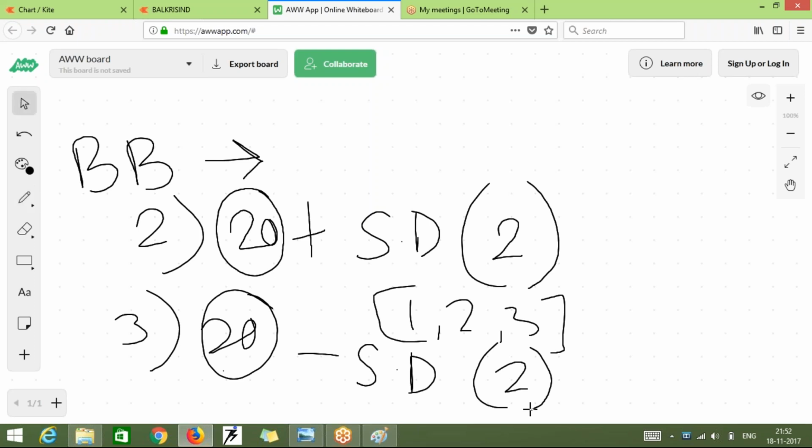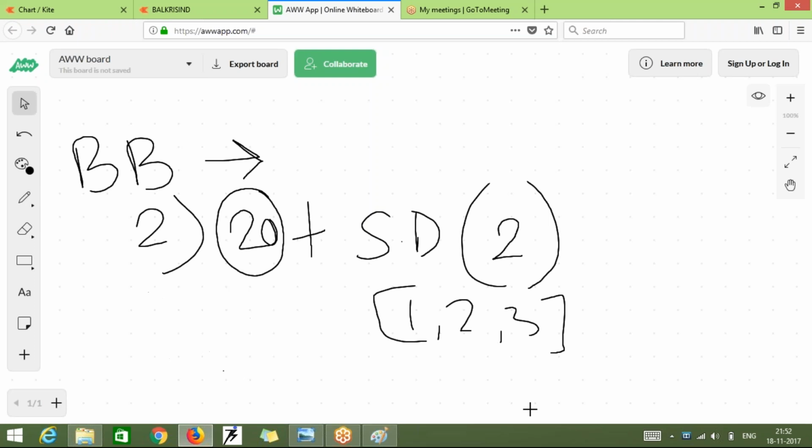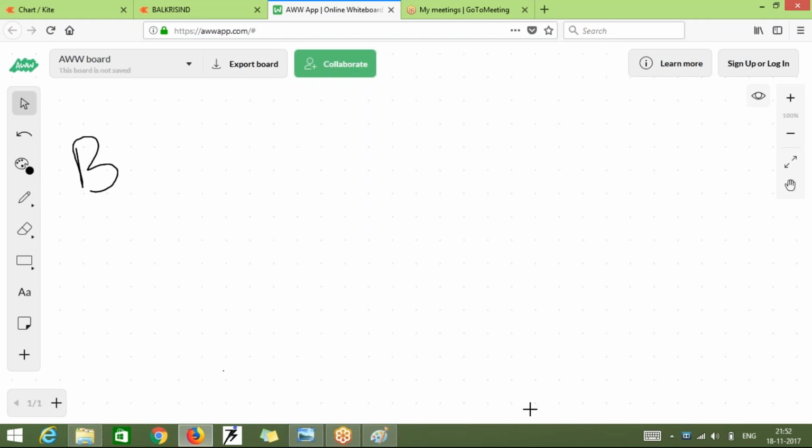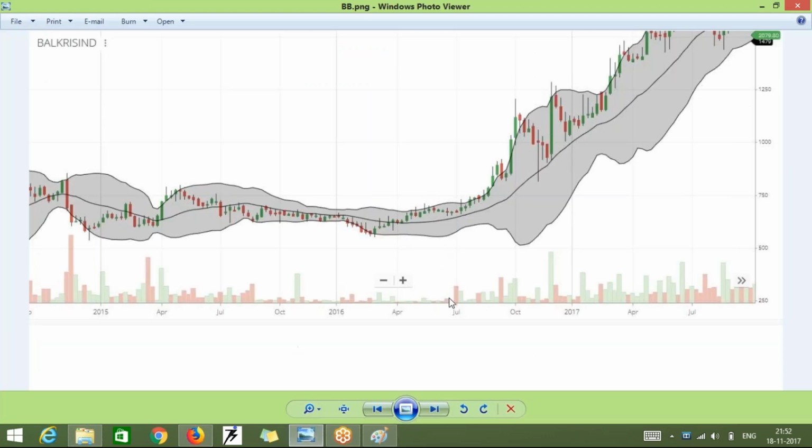And now let's see how to trade using Bollinger Bands. Bollinger Bands have many different trading styles. Let me first explain what exactly I like about Bollinger Band.